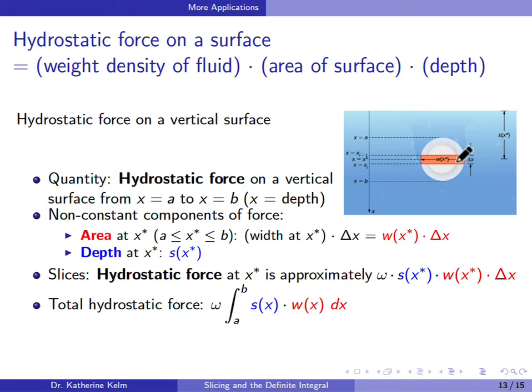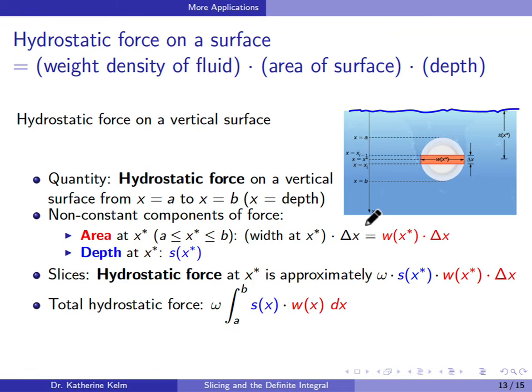So the area at the depth x star is going to be the width at x star times delta x. The depth at x star we will denote by S of x star. This picture is assuming that the surface of the fluid is right up here at the top.